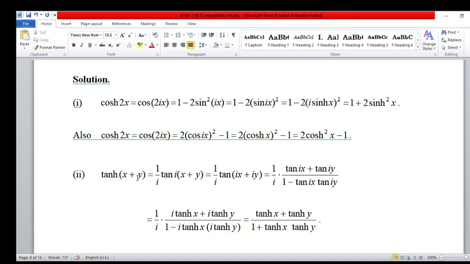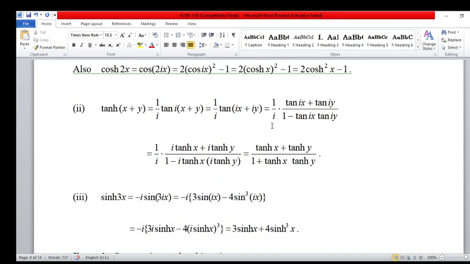Now the tan hyperbolic a plus b formula: 1 upon i, tan i(a plus b). Here apply the formula with ix plus iy, and 1 upon i is common. So apply the tan a plus tan b upon 1 minus tan a tan b formula. Here i and i cancel, and i into i means i square, which is minus 1, minus and plus.